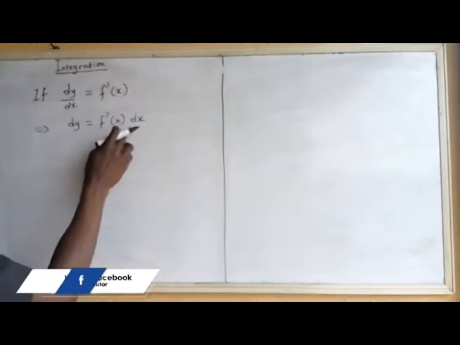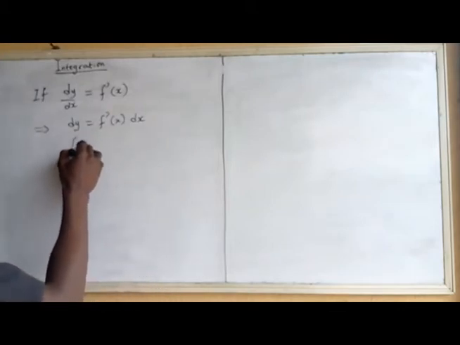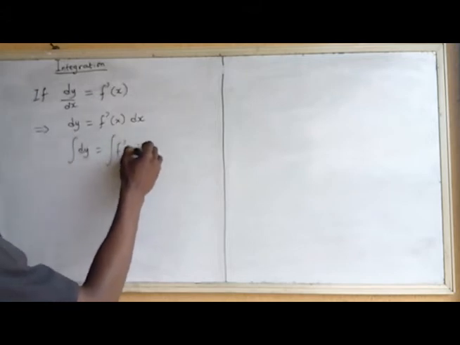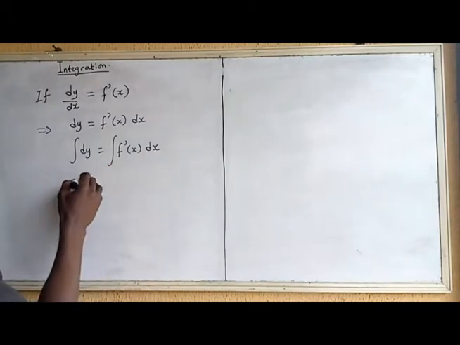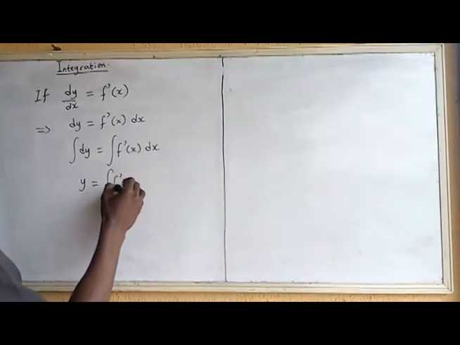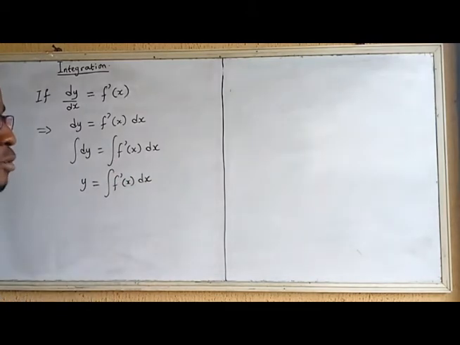To remove the d sign, so we can get the original function, we introduce a sign called the integral. So the integral sign says dy equals integral of f prime x dx. That gives us y equals integral of f prime x dx. So f prime x is in the form of a function.